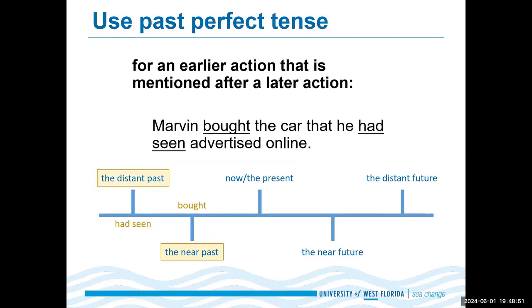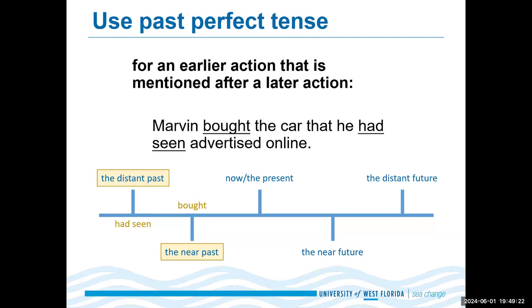Okay. For an earlier action that is mentioned after a later action, that is past perfect tense. Marvin bought the car that he had seen advertised online. So anong pinakaunang action dito? Okay, anyone? What do you think is the first action that has happened? In advertising. Yes, ma'am.